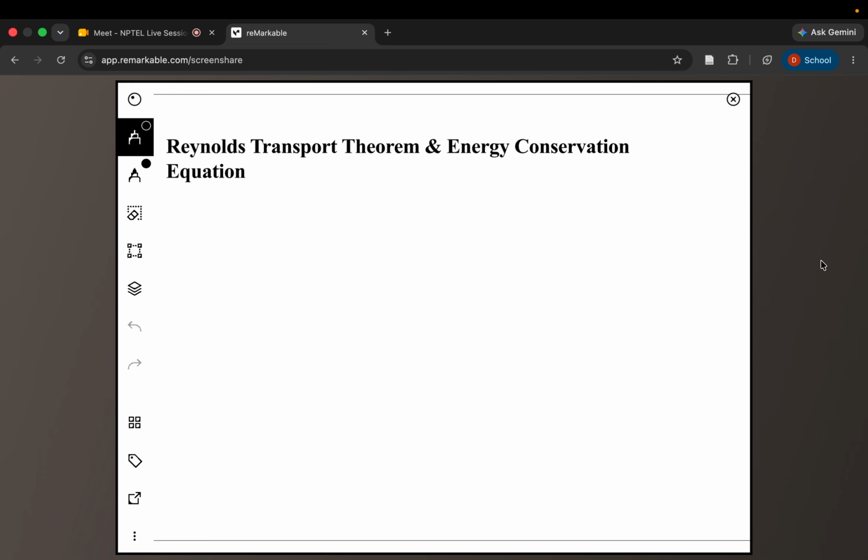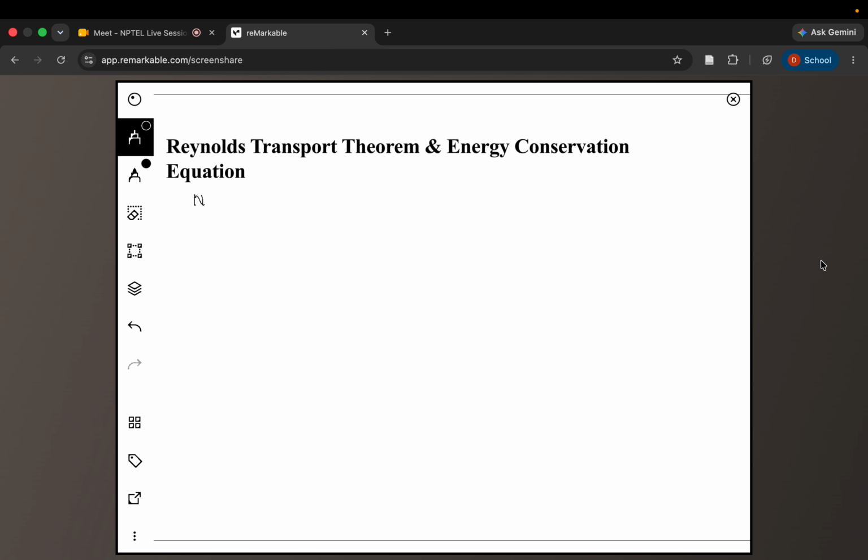The first module of this week discusses the Reynolds transport theorem, which essentially helps you relate conservation of a property in the Lagrangian versus Eulerian approach. In general, let N be any extensive property, which means it increases proportionally with the mass.